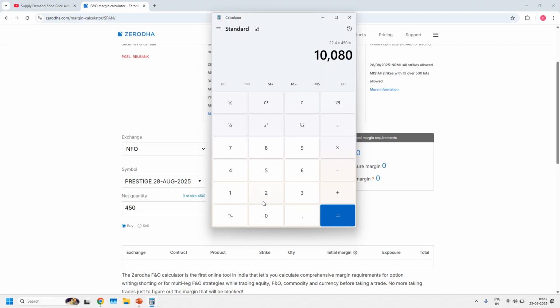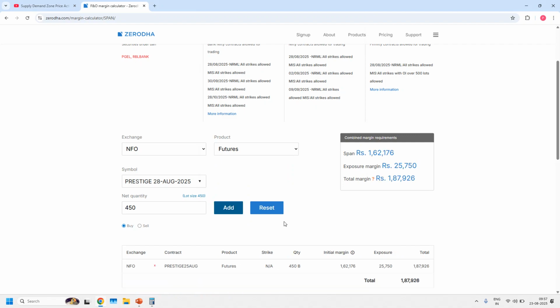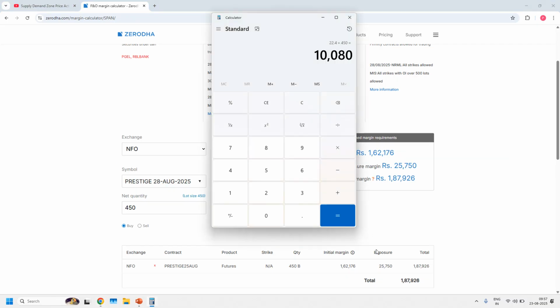What could have been the ROI? Let us calculate. The margin is 1,87,926. It could be a little higher or a little lower based on the current value.